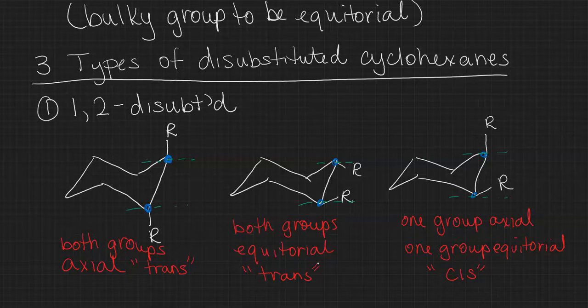With both groups being equatorial, this structure is the more stable. Remember we said the maximum number of substituents that are equatorial leads to the better structure. So with both groups equatorial, that again is the most stable.